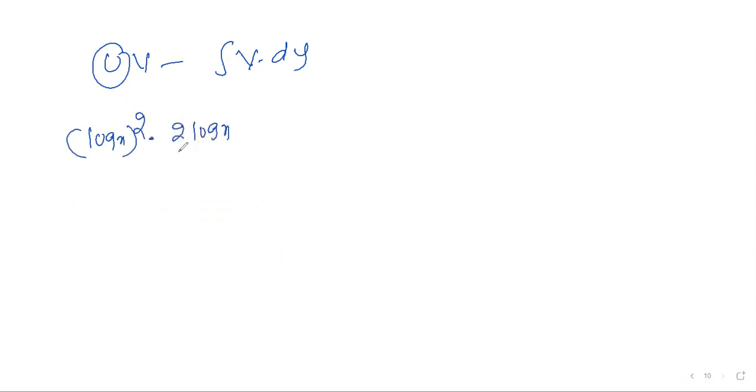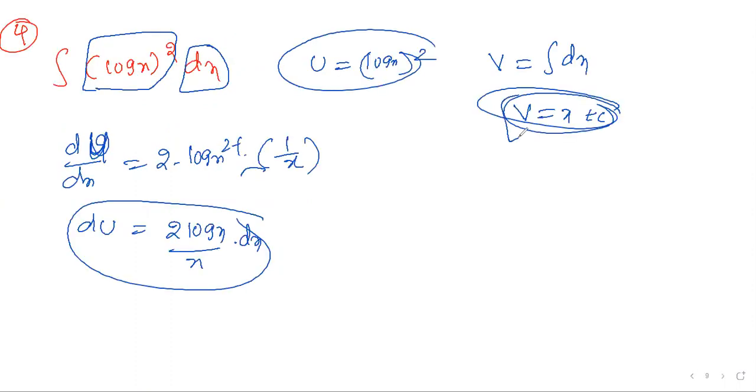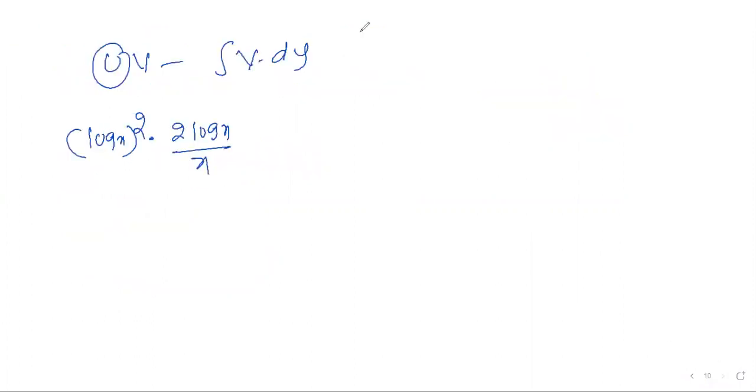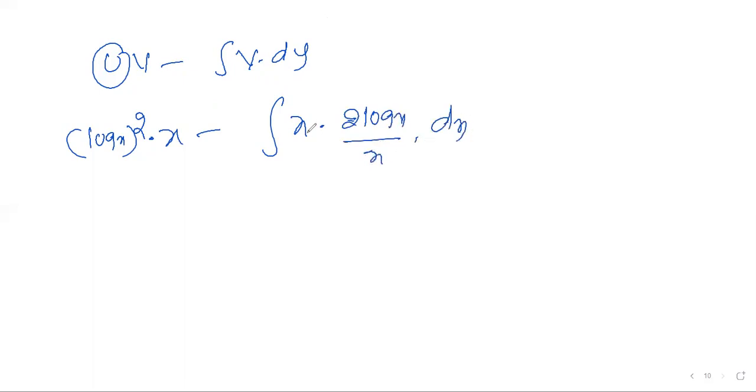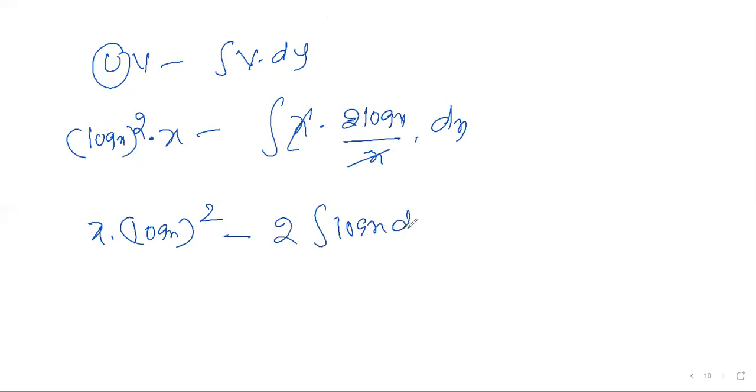Only x. Please concentrate on that. And du is 2 log x by x into dx. This x is common, so the x cancels. So x log x whole square minus, with 2 coming out, integration of 2 log x dx.